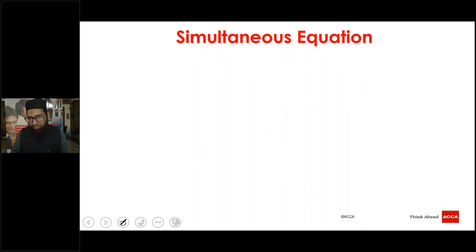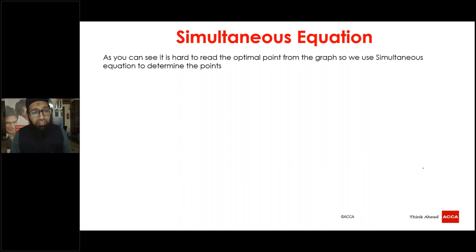Now coming to the simultaneous equation. I will request Mohammad Ijlal Zia to concentrate a bit. As you can see, it is hard to read the optimal point from the graph. So we use simultaneous equations to determine the point. We have identified our optimal point, but at that optimal point, how many units of pool cues or snooker cues can be made?